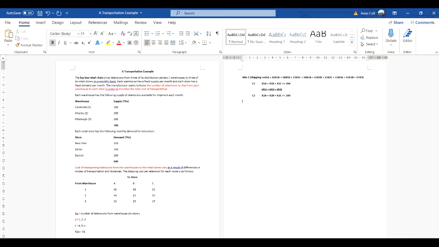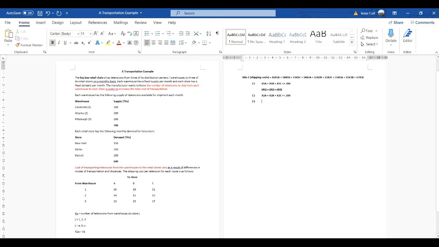We'll repeat that one more time for constraint number 3. So in this situation, we check Pittsburgh. We see Pittsburgh again has a maximum of 200 TVs available for delivery. Cannot deliver more than that. It's all that exists. We look down here.